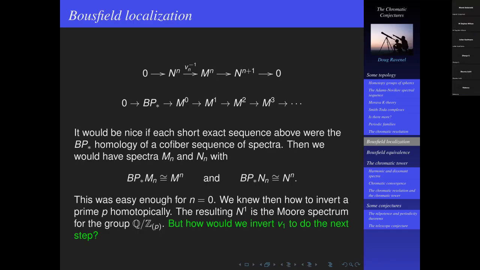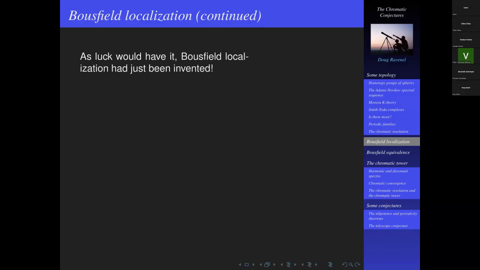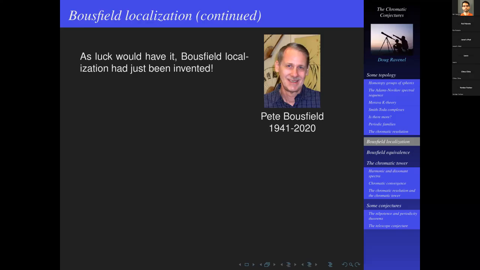Now, as luck would have it, the perfect tool for this was invented at exactly the right time by Pete Bousfield. Pete Bousfield was a very soft-spoken, shy, retiring, but absolutely brilliant mathematician that I was lucky enough to have as an instructor when I was in graduate school at Brandeis around 1970.